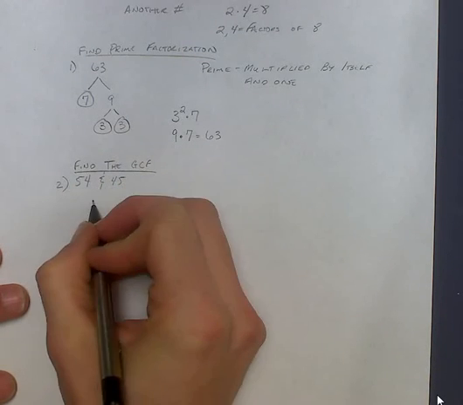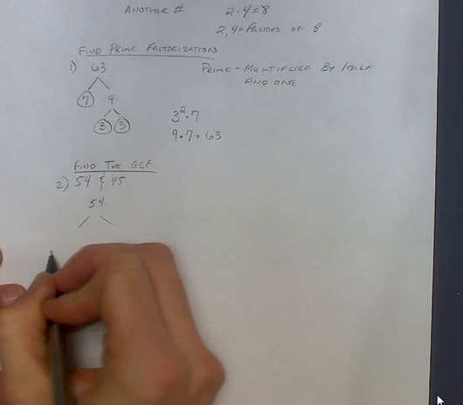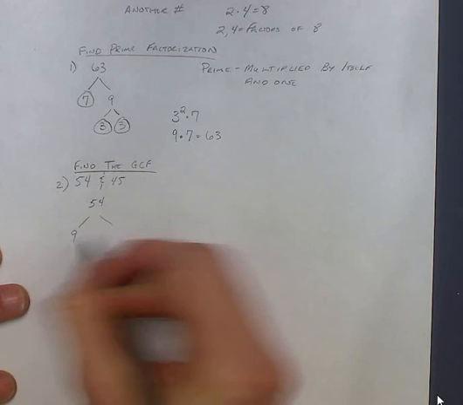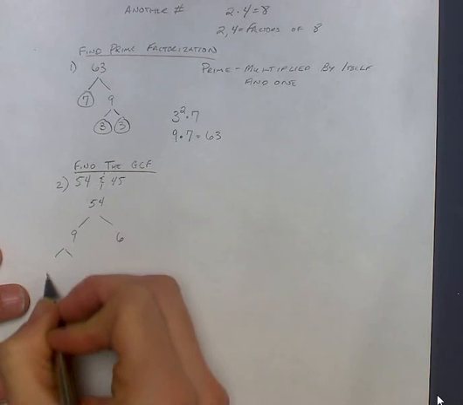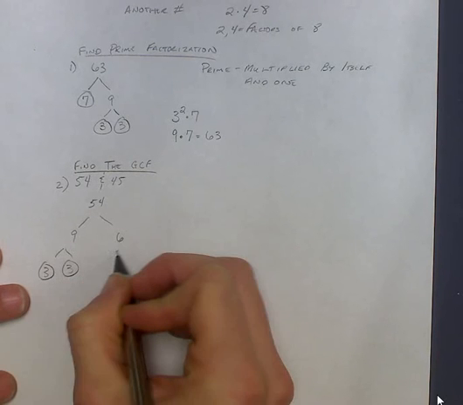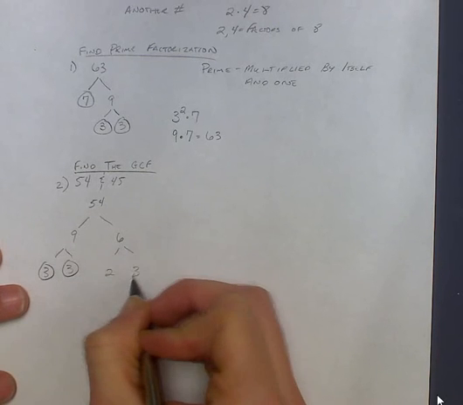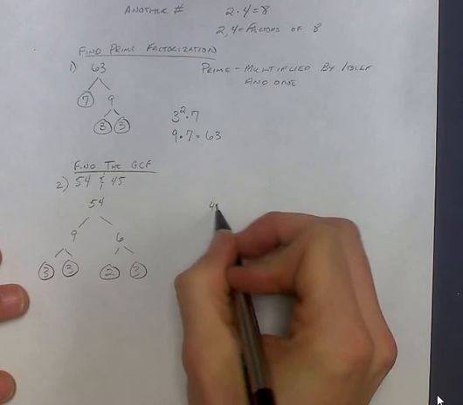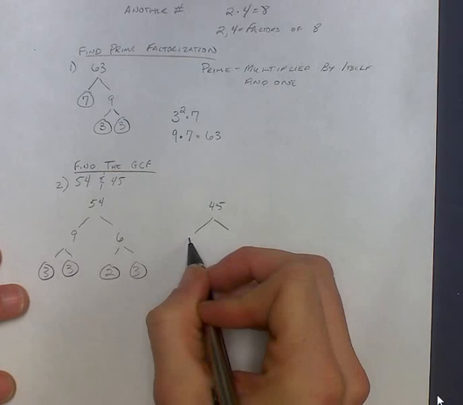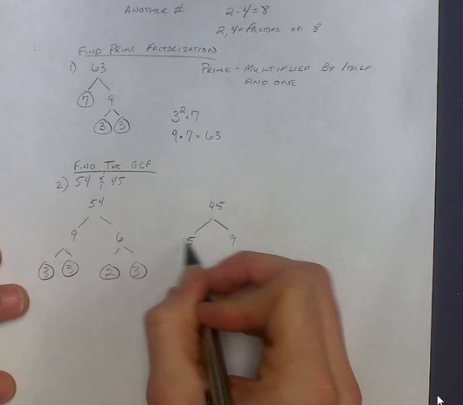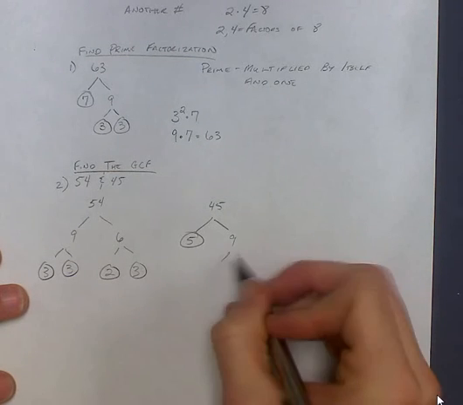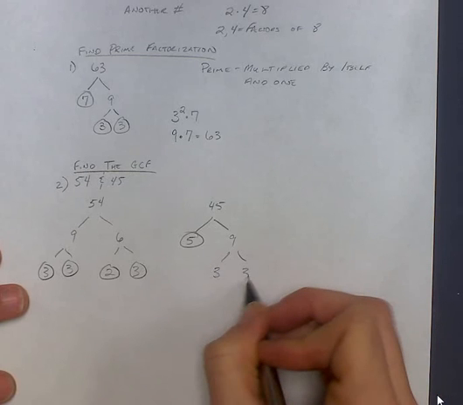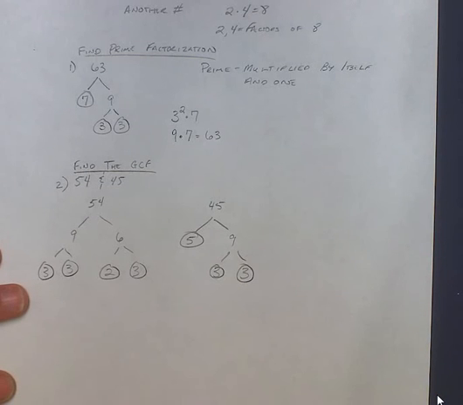I'm going to take 54 and do the prime factorization for it. So 9 and 6, which turns into 3 and 3, and 2 and 3. Okay? And then I'm going to take 45 and do the same thing. And I do 5 and 9. 5 is a prime number, so I circle it, but 9 is not. So I continue to factor and I get 3 and 3.